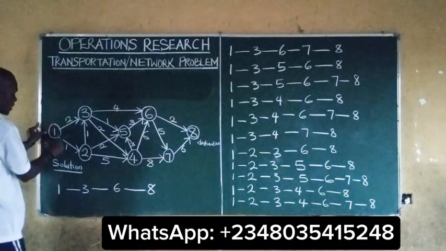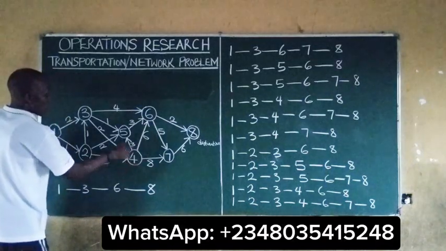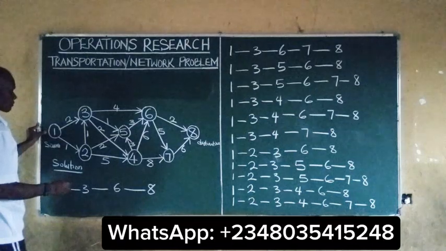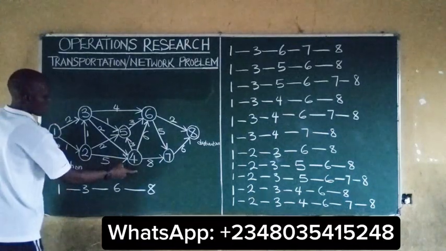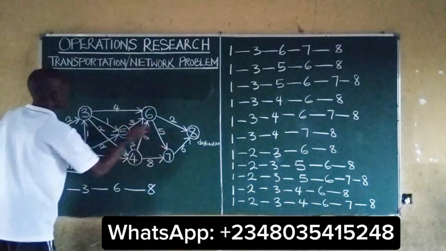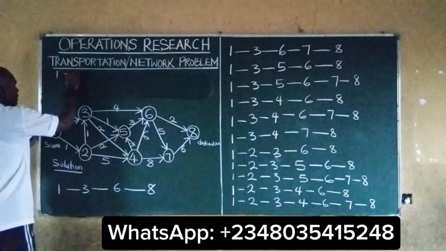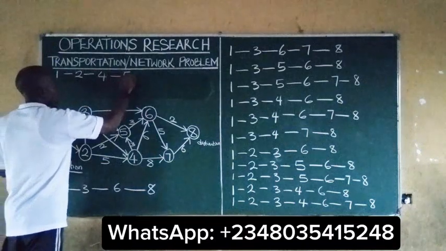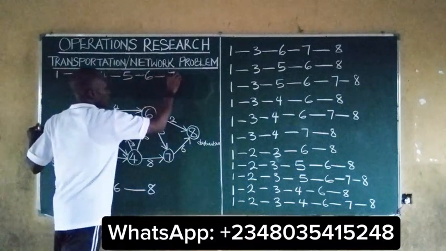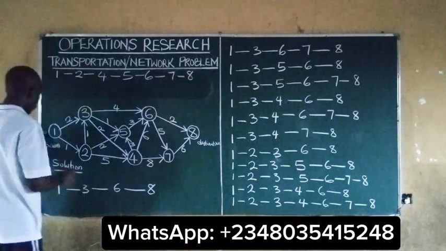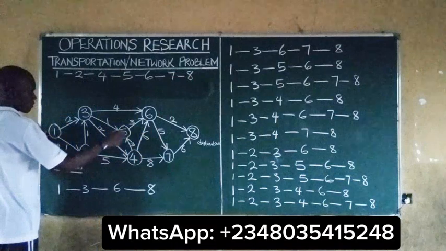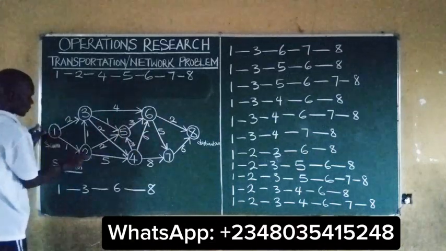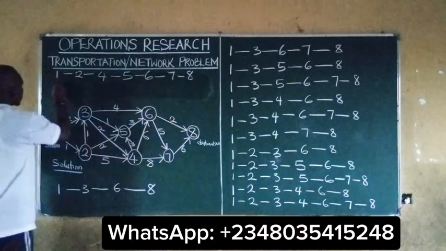We also have 1, 2, 4, 5, 6, 8. 1, 2, 4, 5, 6, 7, 8. Okay, 1, 2, 4, 7, 8.